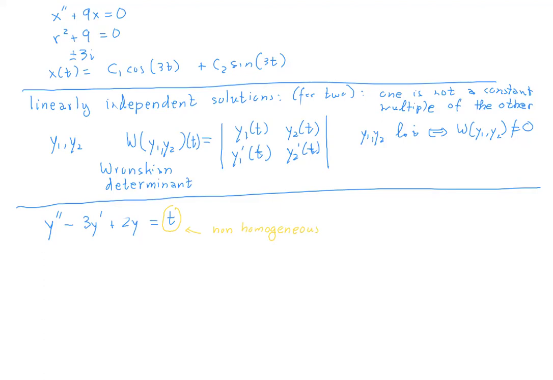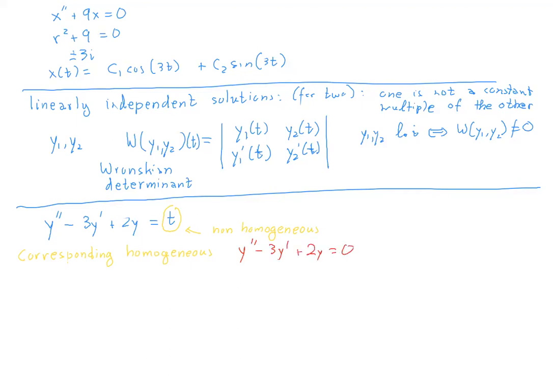And you have the corresponding homogeneous equation. So each non-homogeneous equation has the corresponding homogeneous equation, which is y double prime minus 3y prime plus 2y is equal to 0.